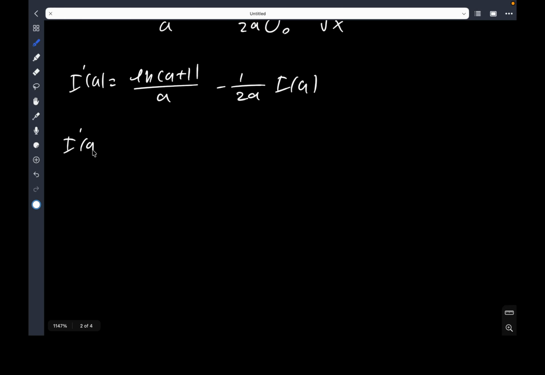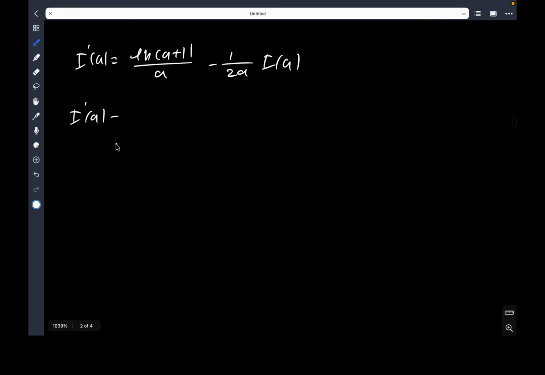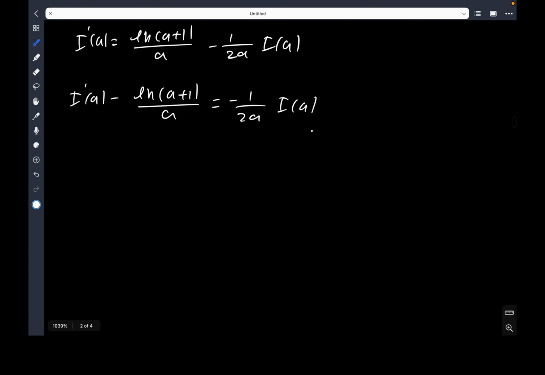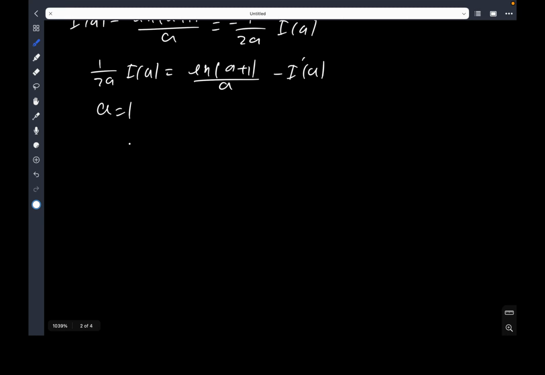So I prime of a minus ln of a plus 1 over a equals negative 1 over 2a I of a. So 1 over 2a I of a is ln of a plus 1 over a minus I prime of a, and if I let a be equal to 1, I'm going to get I of 1 over 2 equals ln of 1 plus 1 minus I prime of 1.